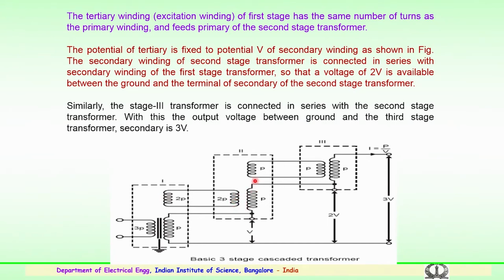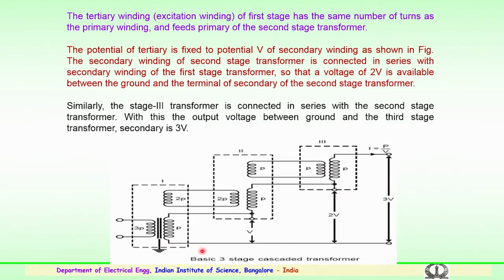Similarly, the secondary excitation or tertiary winding on the second transformer forms the primary winding of the third transformer. This is how the connections are made for different stages. This gives a 3 stage cascaded transformer.